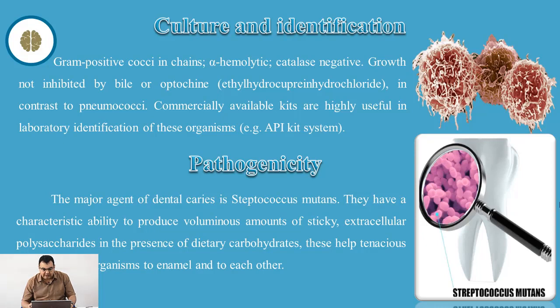They have a characteristic ability to produce voluminous amounts of sticky extracellular polysaccharide in the presence of dietary carbohydrates. These help in tenacious binding of the organism to animal teeth and to each other.